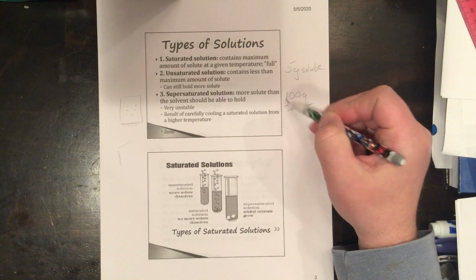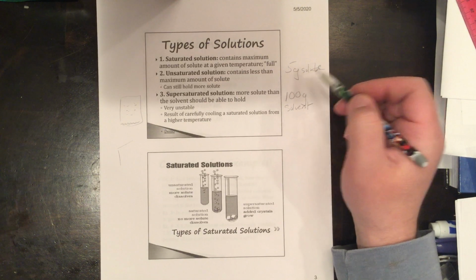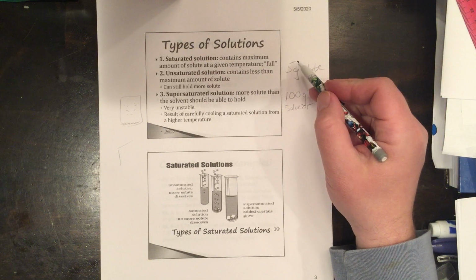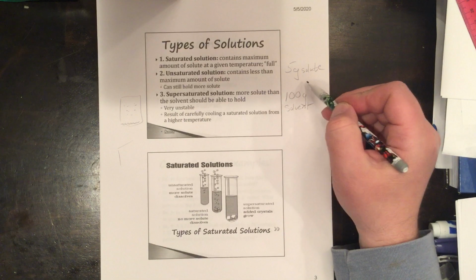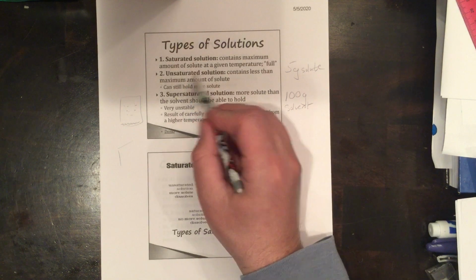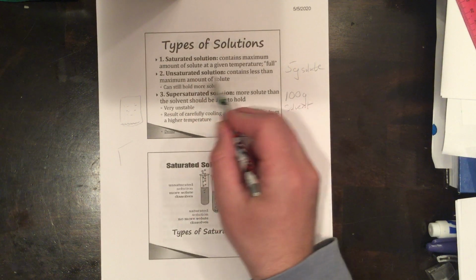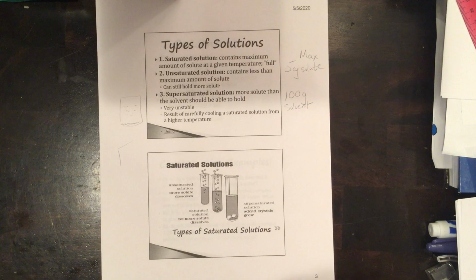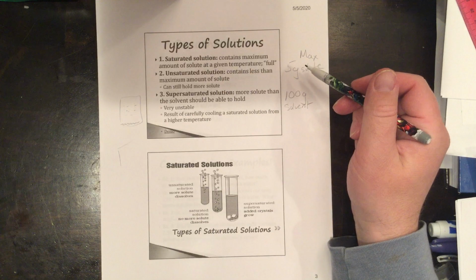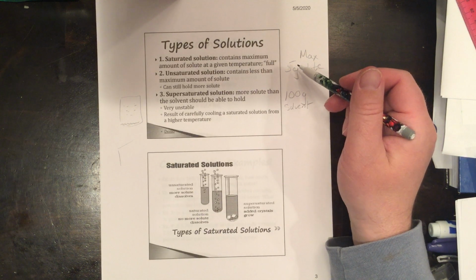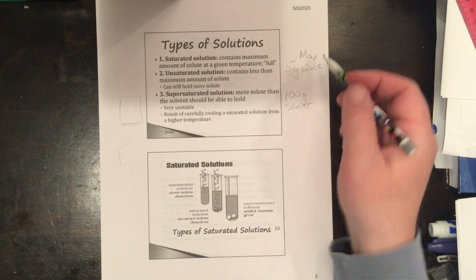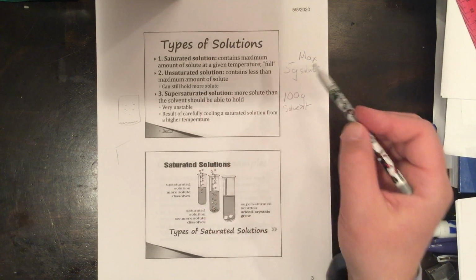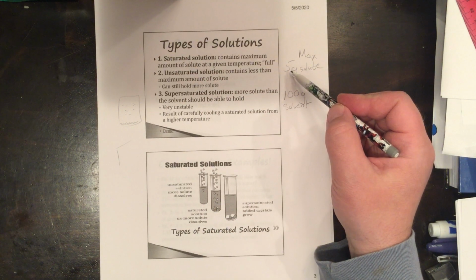So if we had 100 grams of solvent, whatever it is, water is fine, and we put 1 gram in, it would all dissolve. We would call that unsaturated. Okay, it's less than the maximum. We're going to call this right here our maximum, 5 grams. So if 1 stirs in, 2, 3, 4, it all stirs in. When you hit 5, we call that saturated because no more than 5 can actually dissolve.